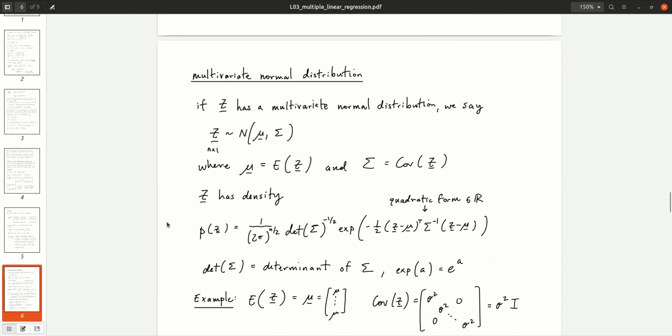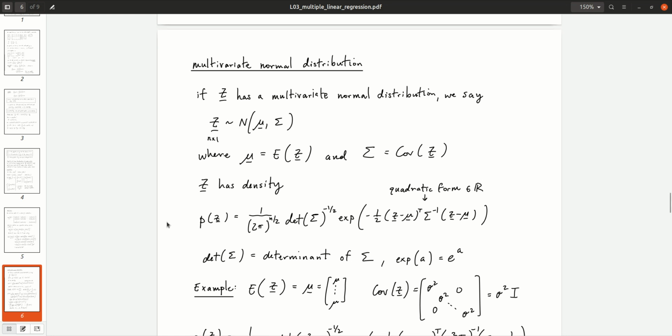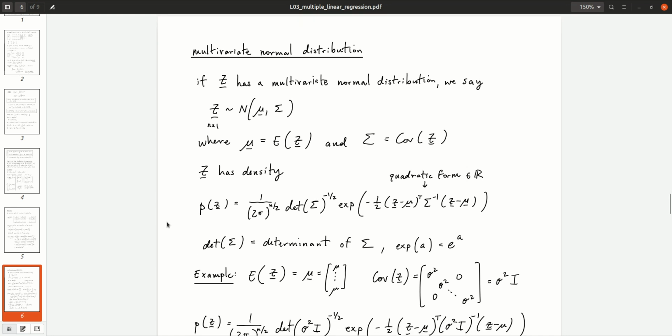Next up, we're going to talk about the multivariate normal distribution, and we're going to use some of these facts we just derived about the mean and the covariance matrix for a random vector. A multivariate normal distribution is the following.